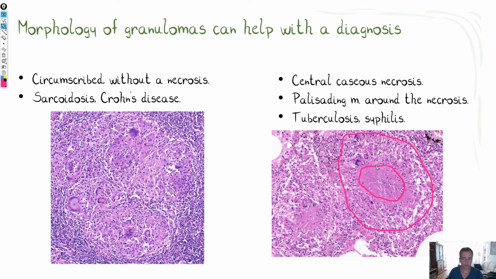The macrophages usually form some sort of palisade around the necrosis. If you see a granuloma with central caseous necrosis, regardless of the localization, it's usually some sort of infection, tuberculosis in the first place. It can be something else, for example syphilis, but you should always consider tuberculosis.